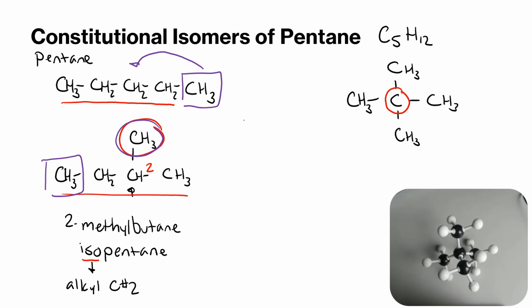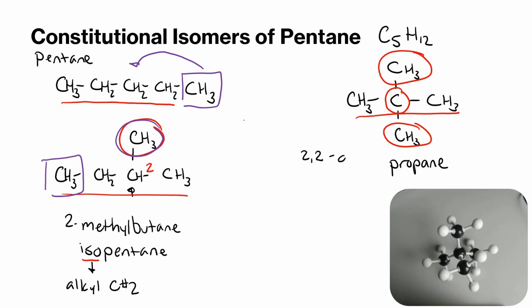So it kept changing its classification, which changes its chemical and physical properties, and the name. So that parent chain is 3, so that's our propane. And we still have the methyl groups on there. And because there are 2 methyl groups, both on carbon 2, we get 2,2-dimethylpropane.